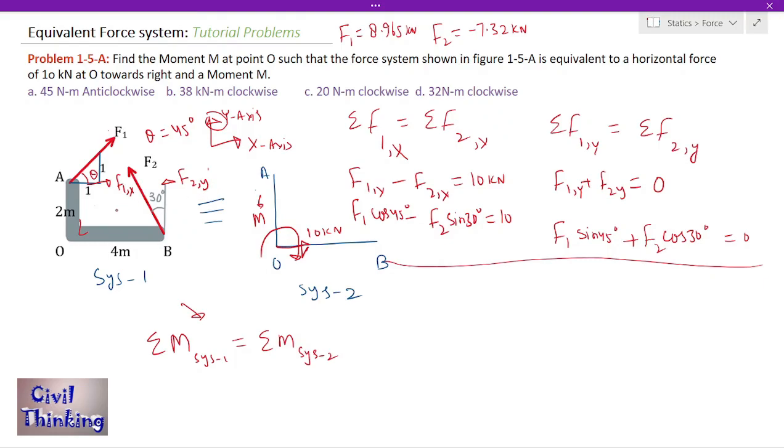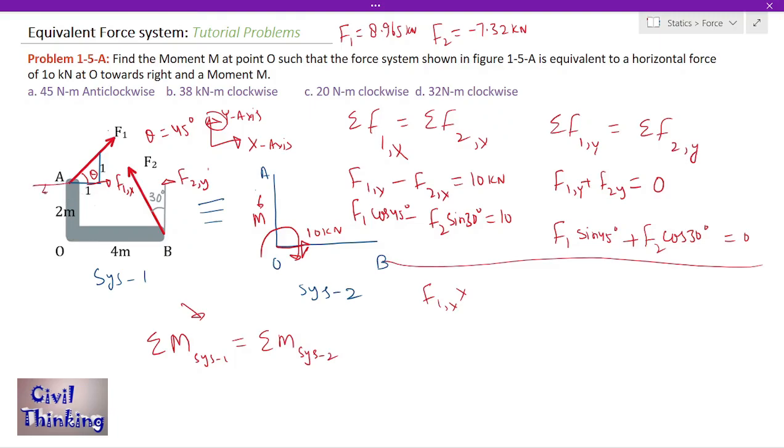Now let me apply. F1x is going to apply a clockwise moment at point O like this, and I assume clockwise moments to be positive. F2y is going to exert an anti-clockwise moment, so it is going to be negative. Now F1x multiplied by, how far is F1x normally from point O? This is point O and this is F1x.